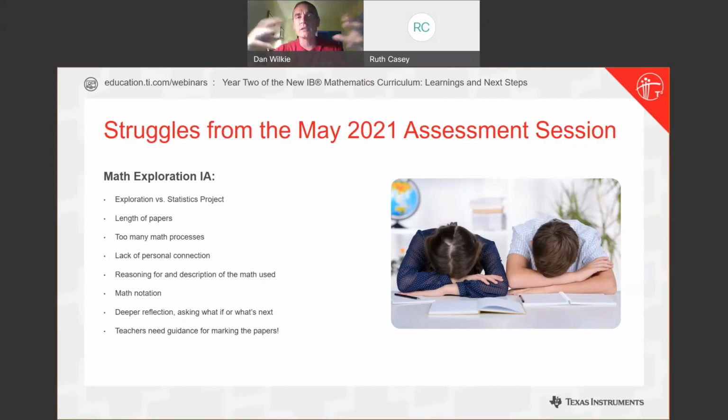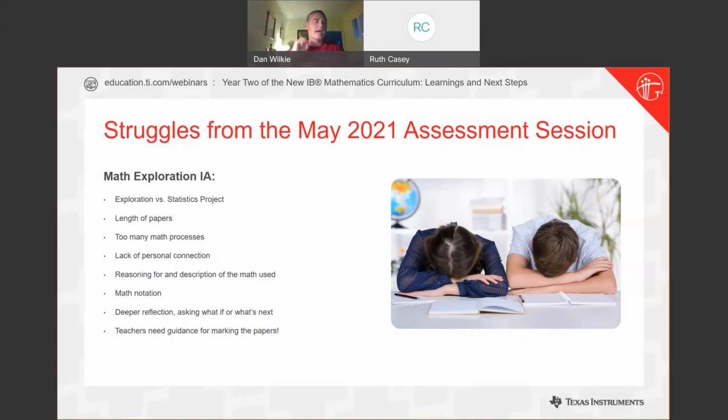It lost the focus of the paper and it became difficult to read at times. So I'm getting 25, 30, 35 pages, not including an appendix or a bibliography, that sort of thing. So length of paper was a bit of an issue.